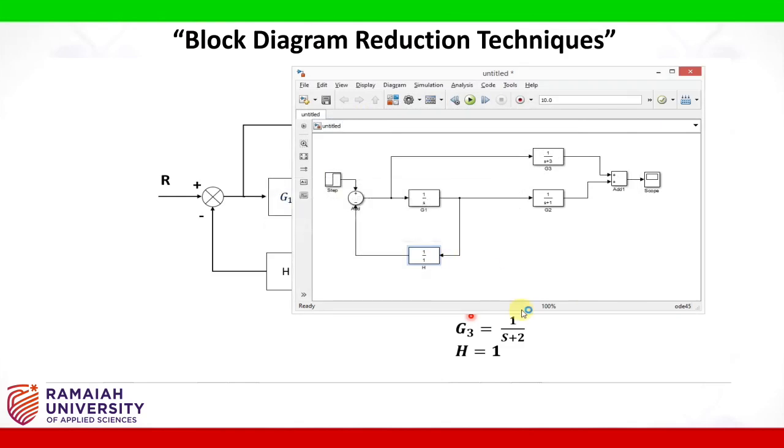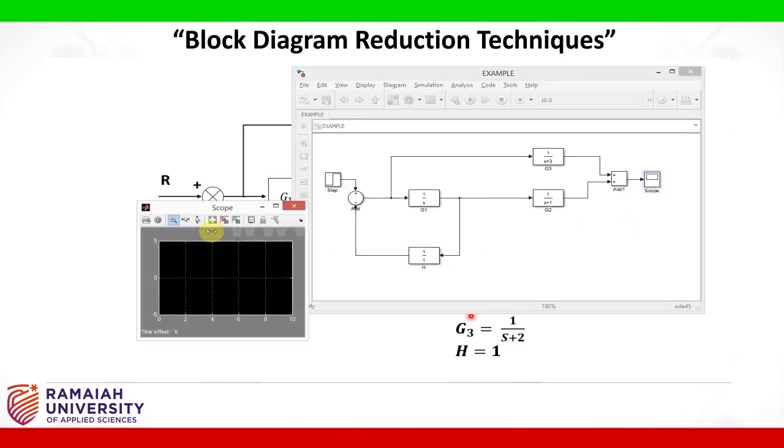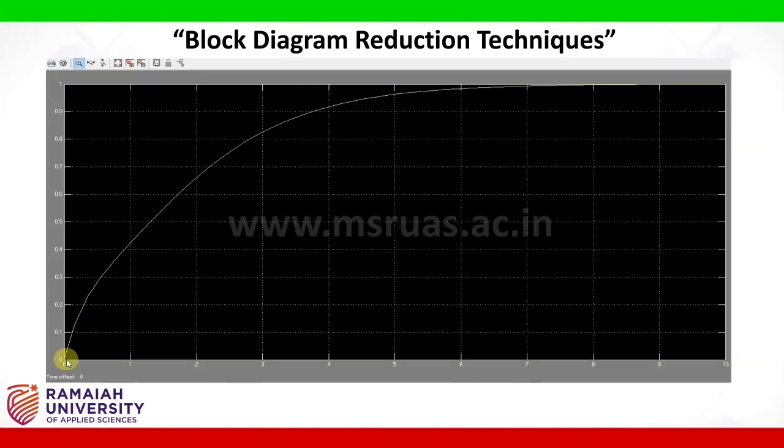Now we'll simulate this block diagram. Press run. So now the simulation process has started. Double click on scope, auto scale, maximize, so you can see the response for the given block diagram.